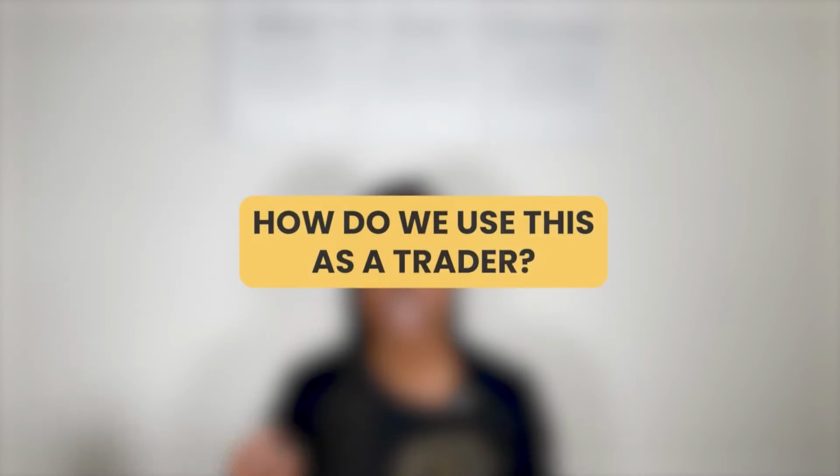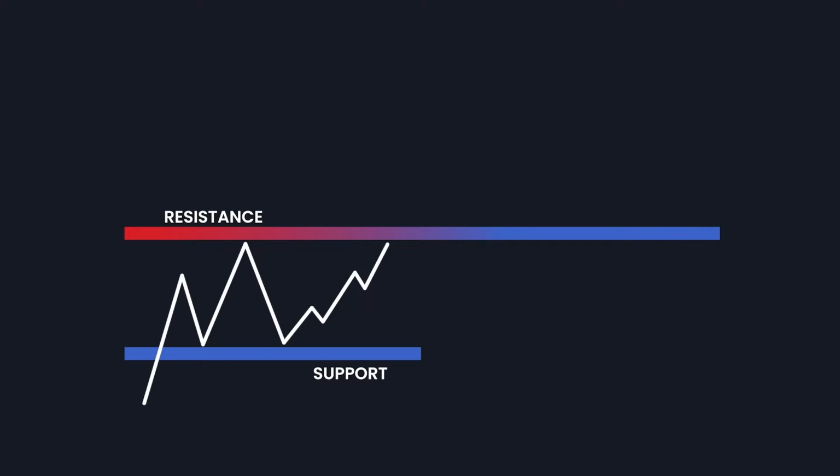So how do we use this as traders? Let's use the resistance first as the example. If you are in a call play, you are predicting that price is going to go up, and you have already marked your level of resistance. As the price action is approaching resistance, you can do one of two things.